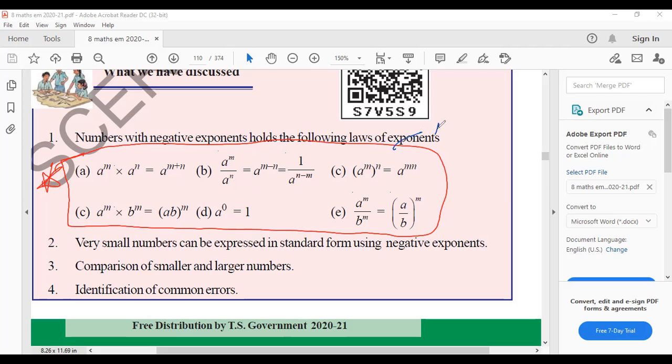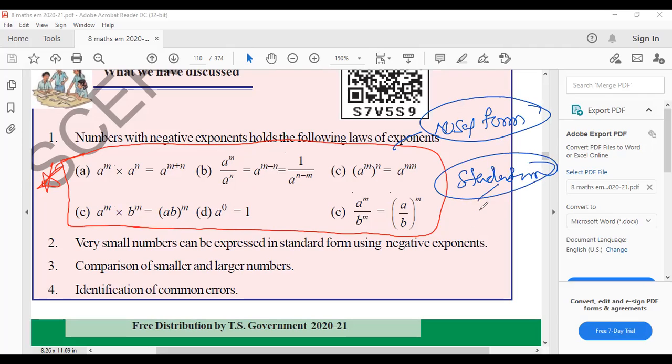The second thing: the usual form, and the standard form. What is the usual form and what is the standard form? Standard form means after the first digit, a decimal point is compulsory, and you have to write 10 power something. The usual form means there are no powers and no decimals. Standard form means after the digit one decimal point is required, then you write 10 power, positive or negative, it doesn't matter.